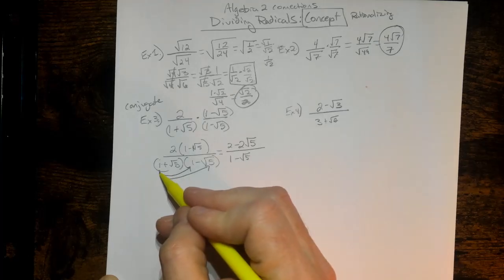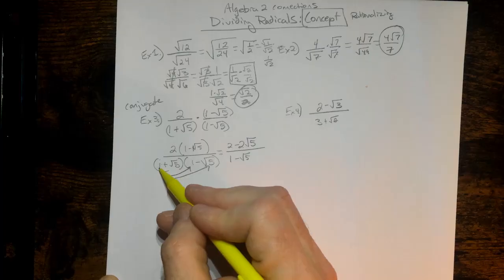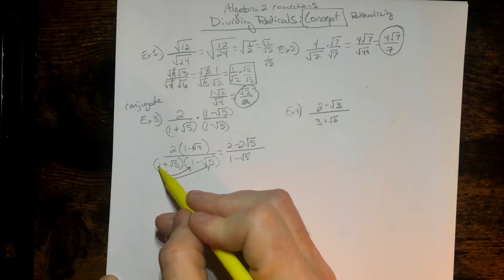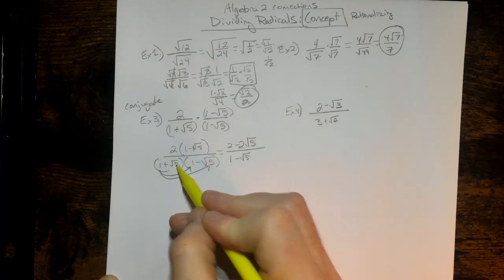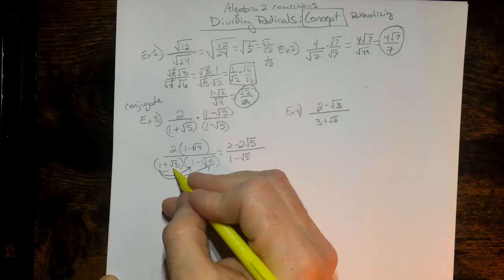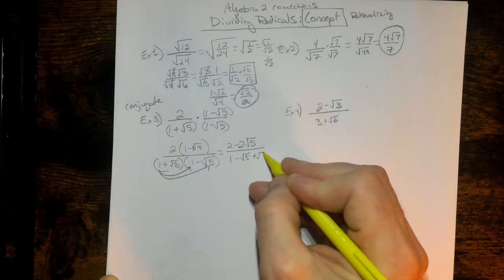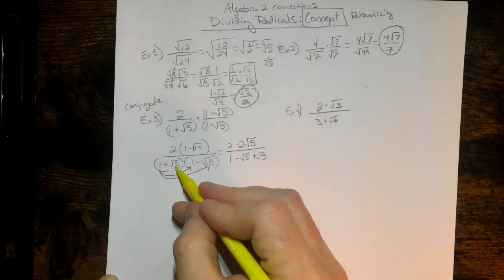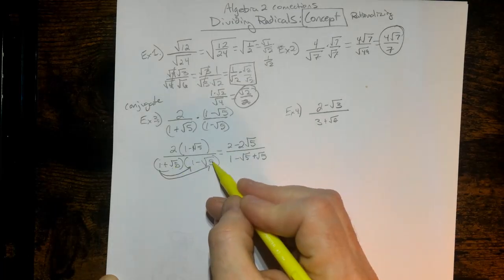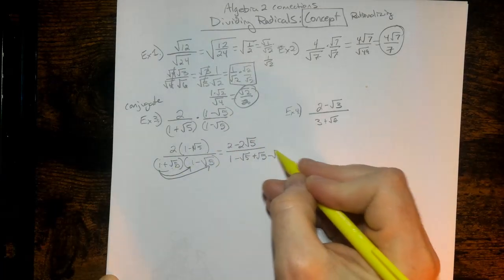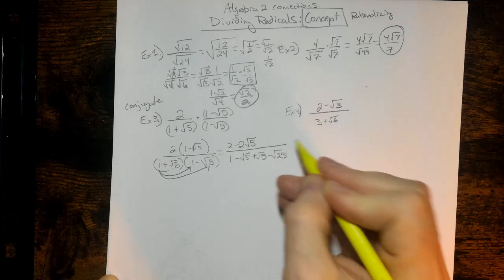I think they call it FOIL. It's really just double distribution. So I'm going to distribute this to both of these, and I'm going to distribute this number to both of those as well. When I distribute the square root of 5 to this, I get plus the square root of 5, and then when I distribute the 5 over here, I get minus the square root of 25.